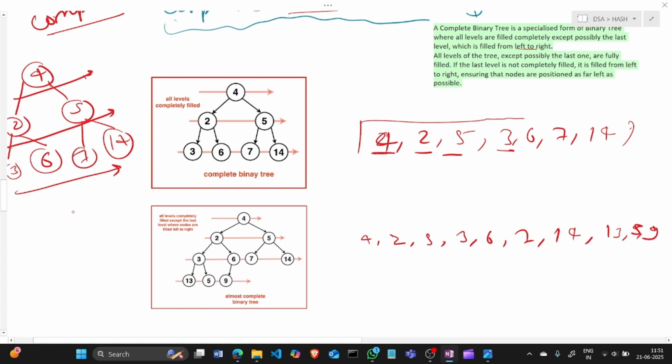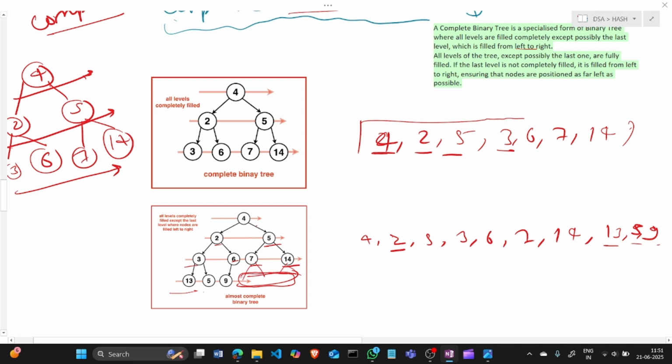A complete binary tree is also called an almost complete binary tree. Why? Let's see. We are filling the elements 4, then 2, then 5, 3, 6, 7, 14 from left to right, and 13, 5, 9. This portion is not filled. There are no children of 7 or 14.